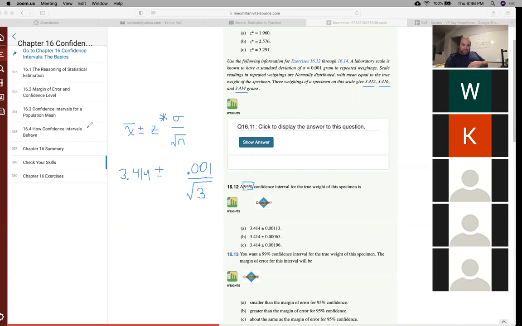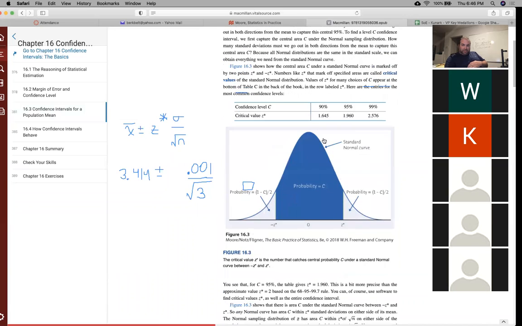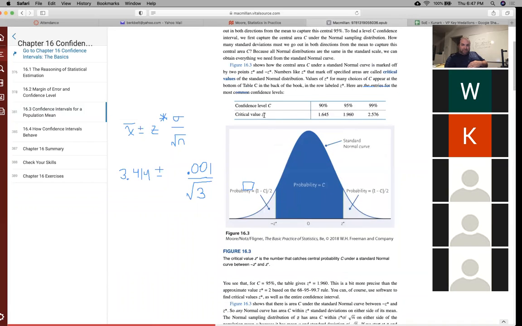95% confidence, right? Let's go back a second. 95% confidence, z star is 1.960. And isn't it always 1.960? Every time the confidence level is 95%, it's always 1.960.